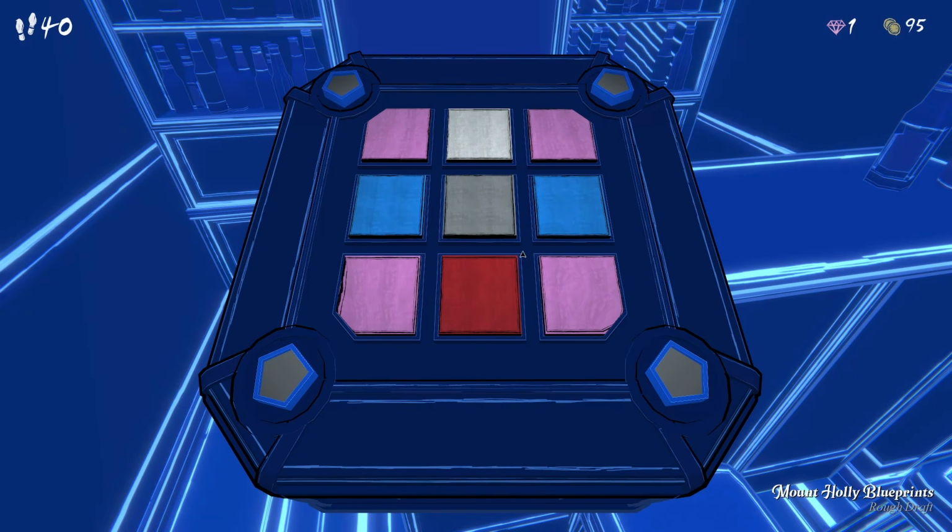Oh. The only valid move... Okay, so I'm opening up a space for white. Right? That's the idea?